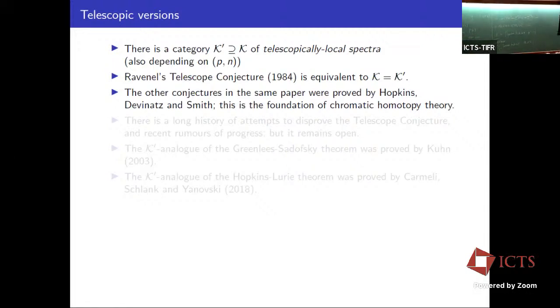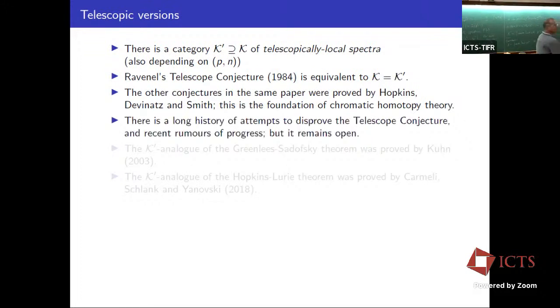And then a lot of people came to the conclusion that the telescope conjecture was probably false. And so there were several large efforts to prove that the telescope conjecture was false, but again, they failed.